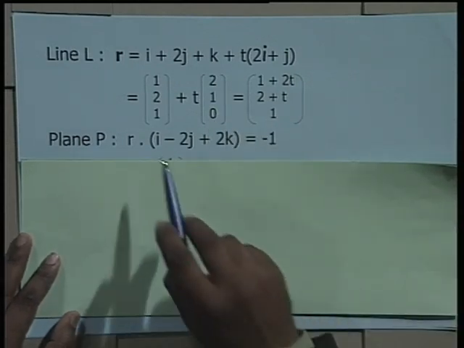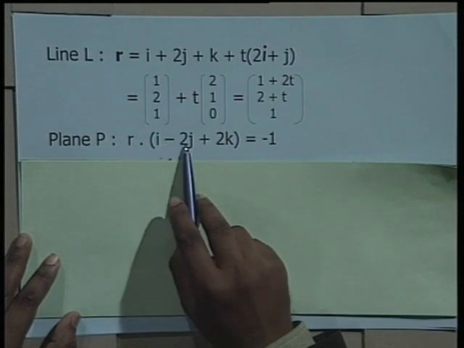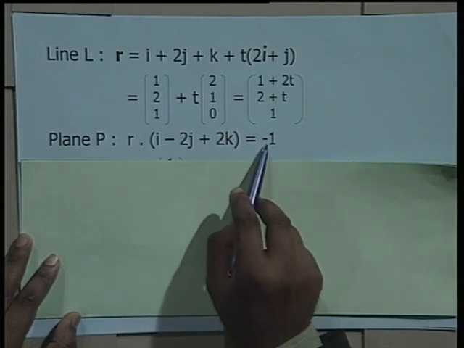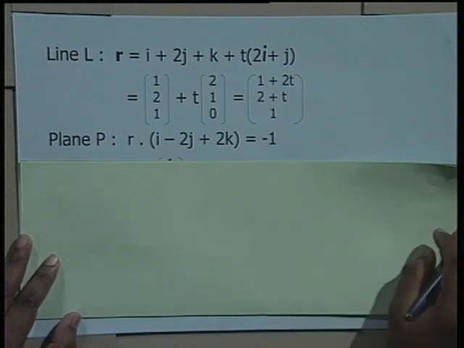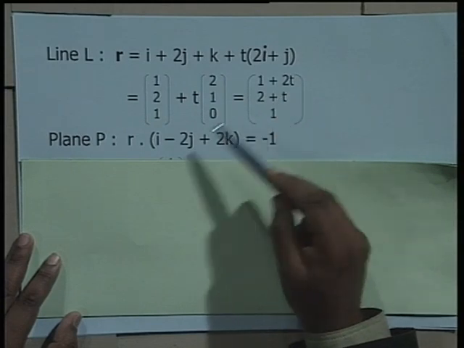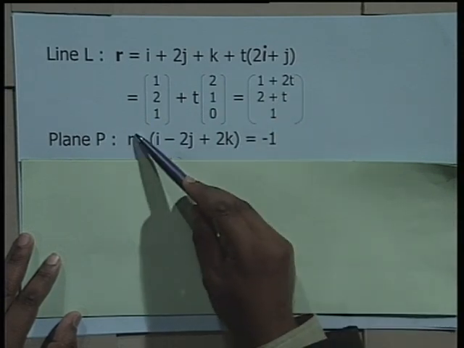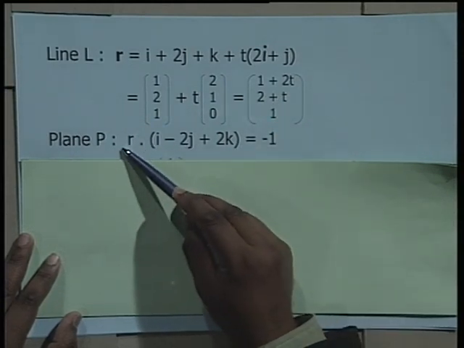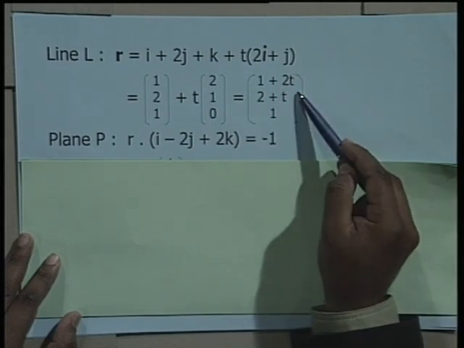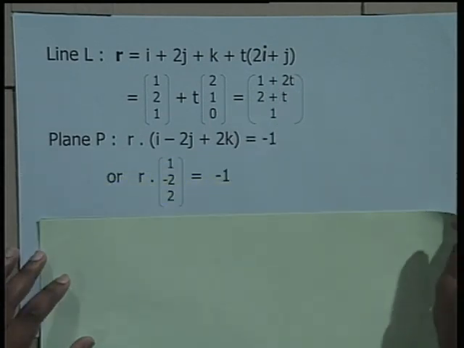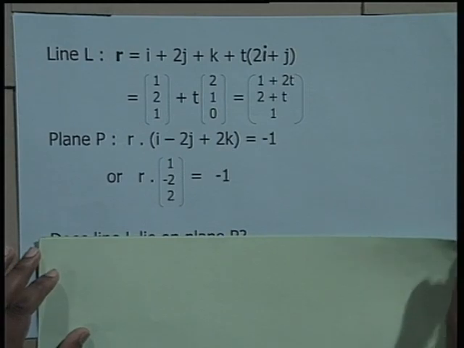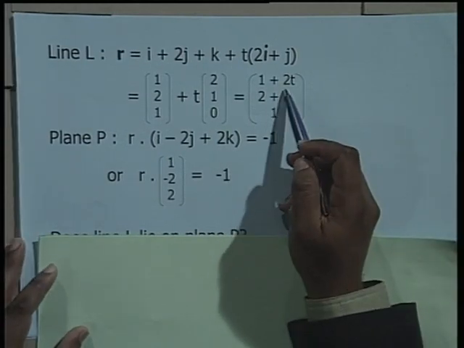The equation of the plane is r dot (i minus 2j plus 2k) equal to minus 1. So in order to verify whether the line lies on this plane, we replace r by this expression. So this is what we'll carry out.